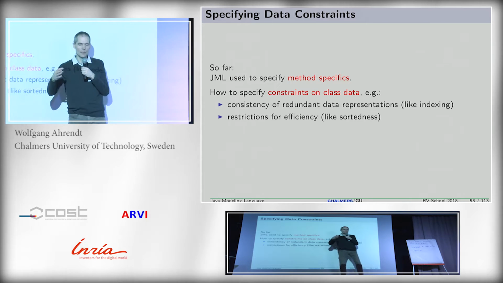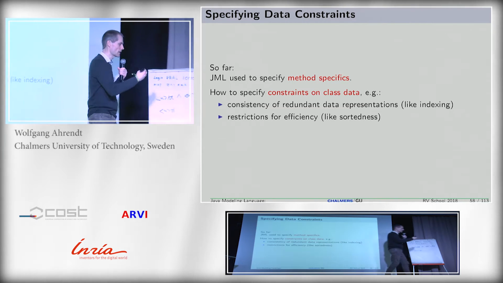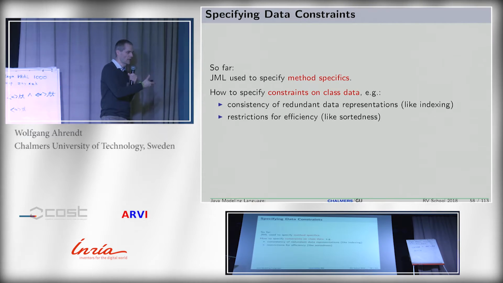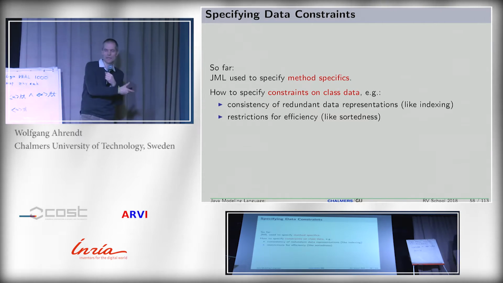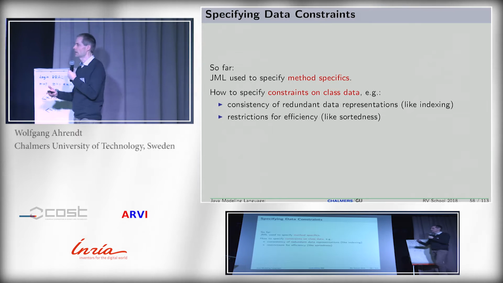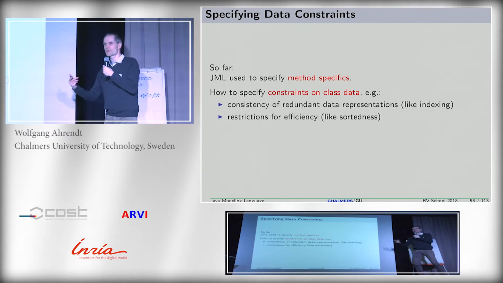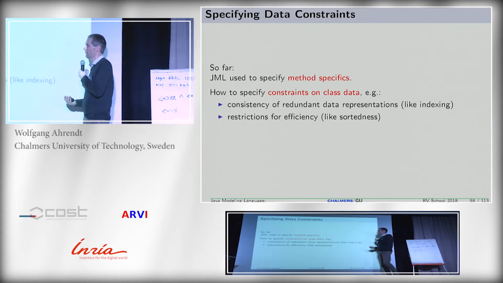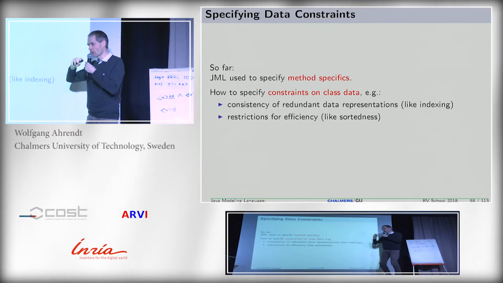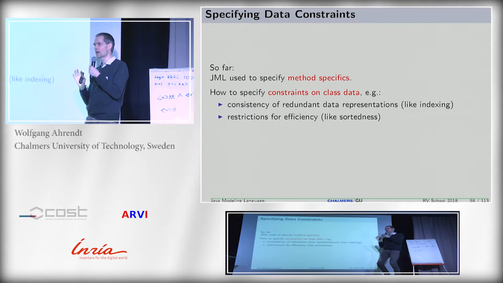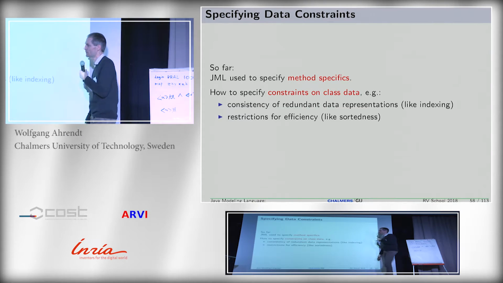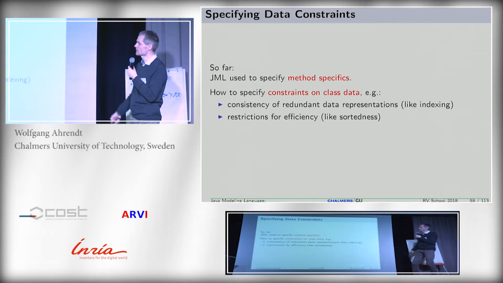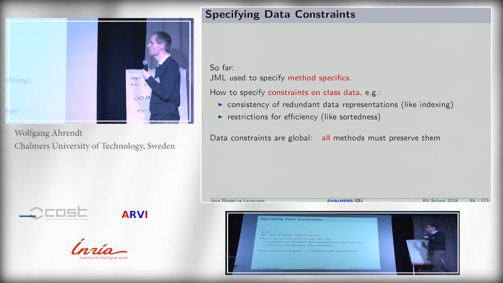Imagine you have a database of books, and the titles are stored in the books, but then you have also some indexing of the words in the titles in some other indexing list which refers back to your books. If you have such redundancy, you have to specify it because it so easily breaks in the implementation. Another example is restrictions for efficiency, like sortedness. I will have an example of that.